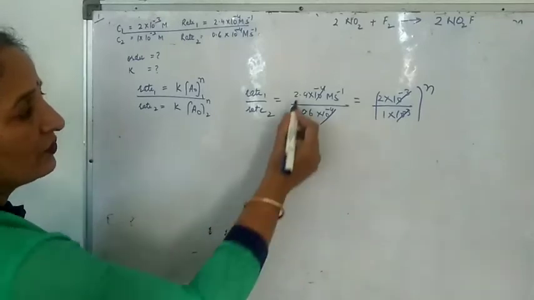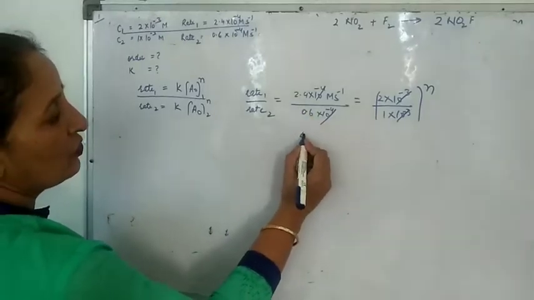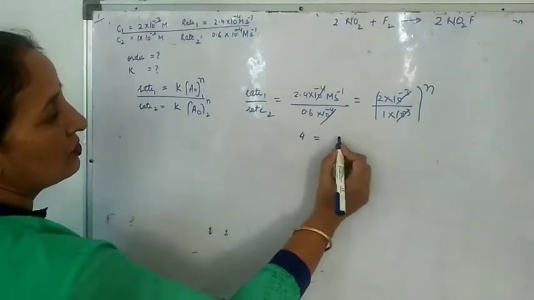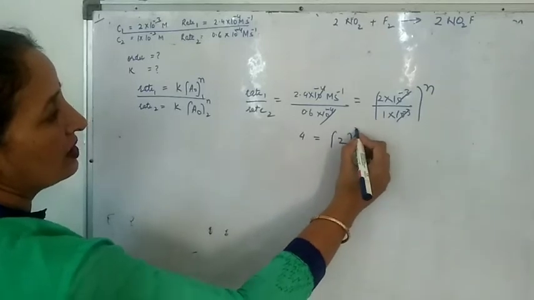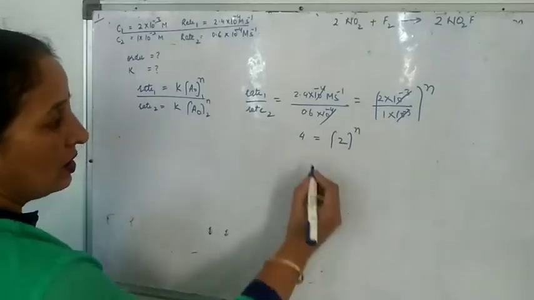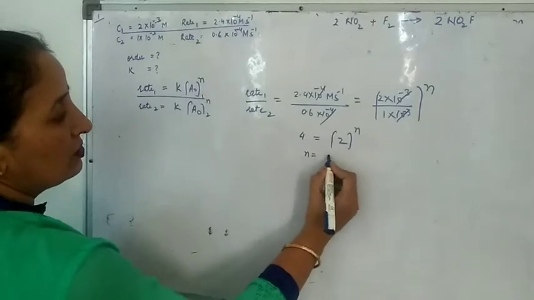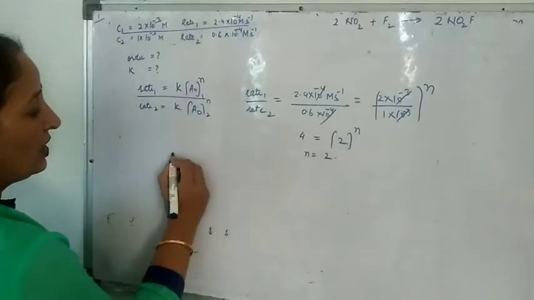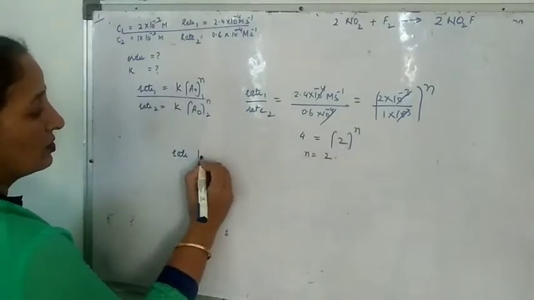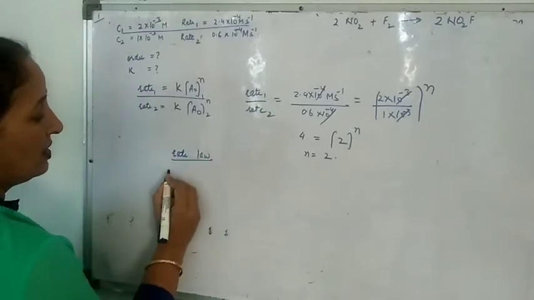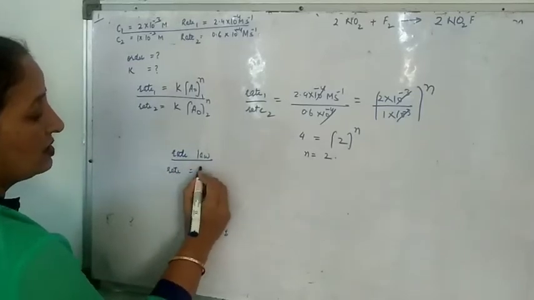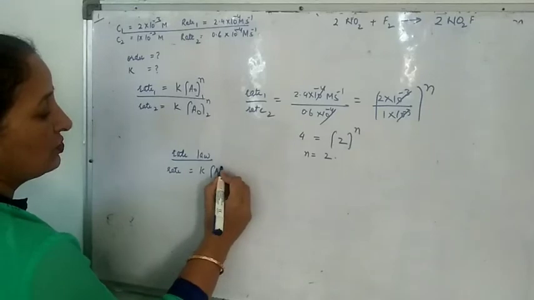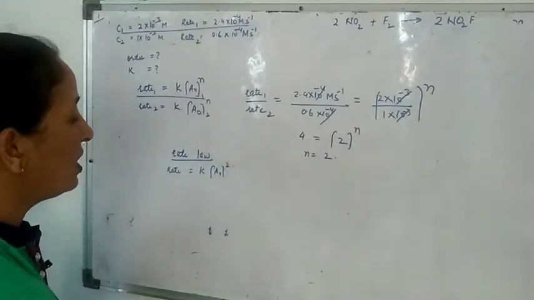Solving this, we get 4 is equal to 2 raised to power n, or n is equal to 2. So rate law will state that rate is equal to K into initial concentration raised to power 2.